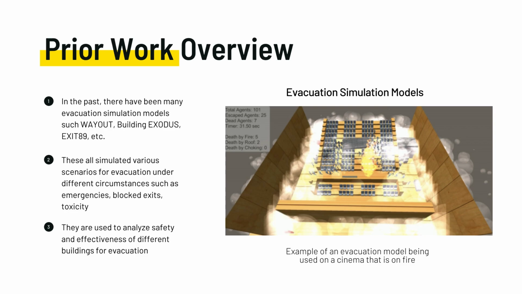Basically their main purpose is to analyze safety and effectiveness of different buildings for evacuation. And to the right, just as an example, there's a picture of an evacuation model being used to simulate a cinema that is on fire.